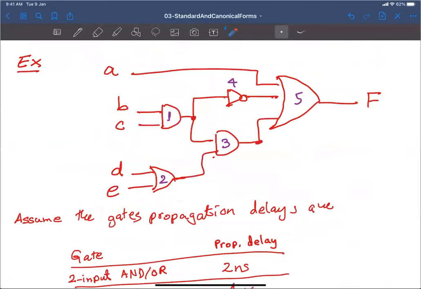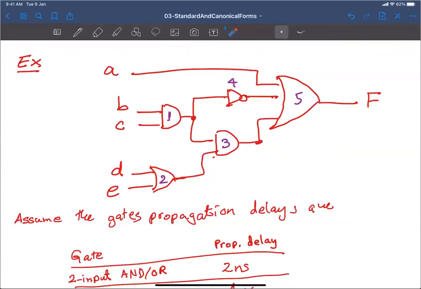So let's consider this example for the sake of calculating the delay from input to output. We are given this circuit here, and I'm numbering the gates: gate number 1, gate number 2, 3, 4, and 5.